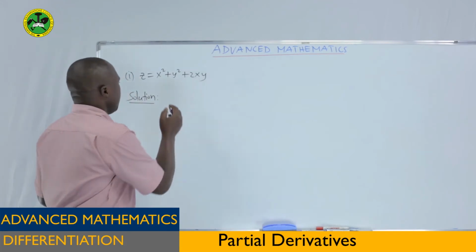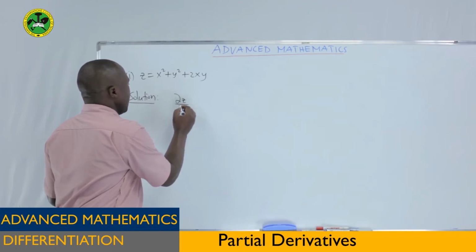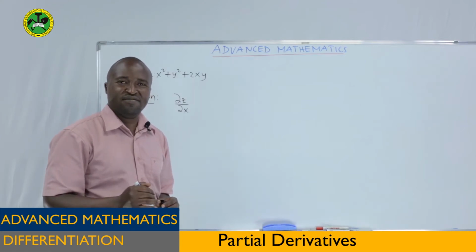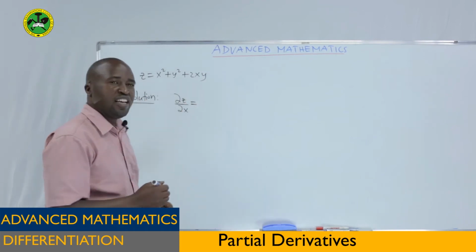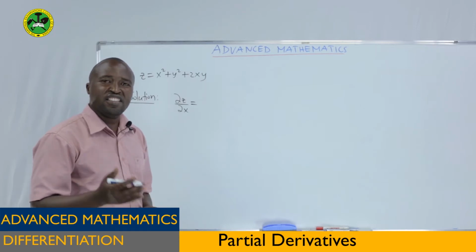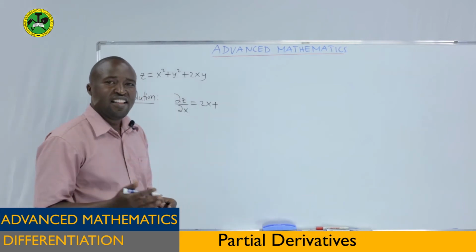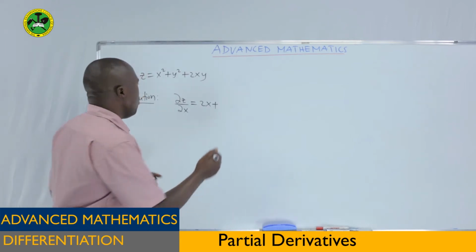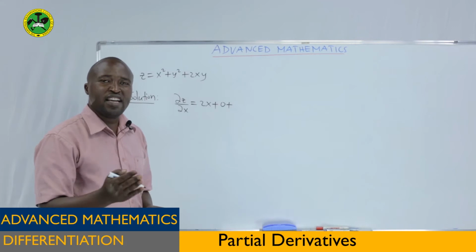Let us start with the partial derivative of z with respect to x. In this case, y is constant. So here we are starting with x squared. Differentiating x squared, we have 2x, plus the next variable is y squared. But in this case, y is constant, so differentiating y squared, we are going to have 0. Then plus, we have 2xy.